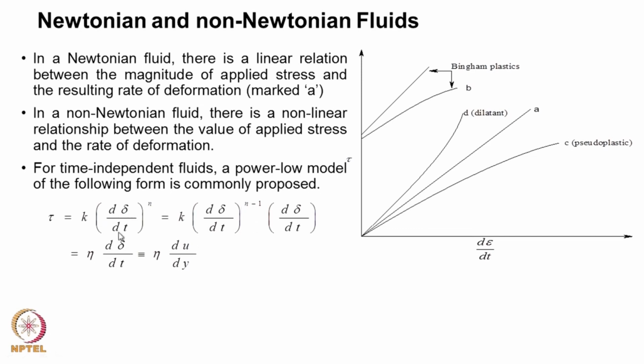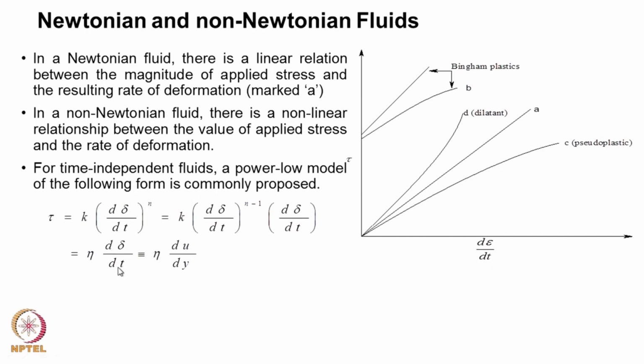It is d/dt of strain to the power of n, where n is the index of the power, and you can separate it as d/dt of delta to the power of n minus 1, and the remaining part is written separately. This product, k into (d delta/dt) to the power of n minus 1, is referred to as apparent viscosity, written by the symbol eta.